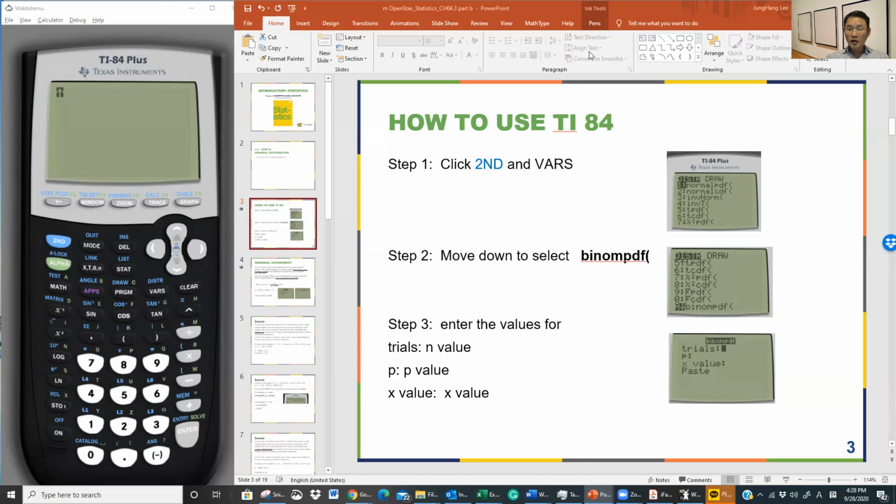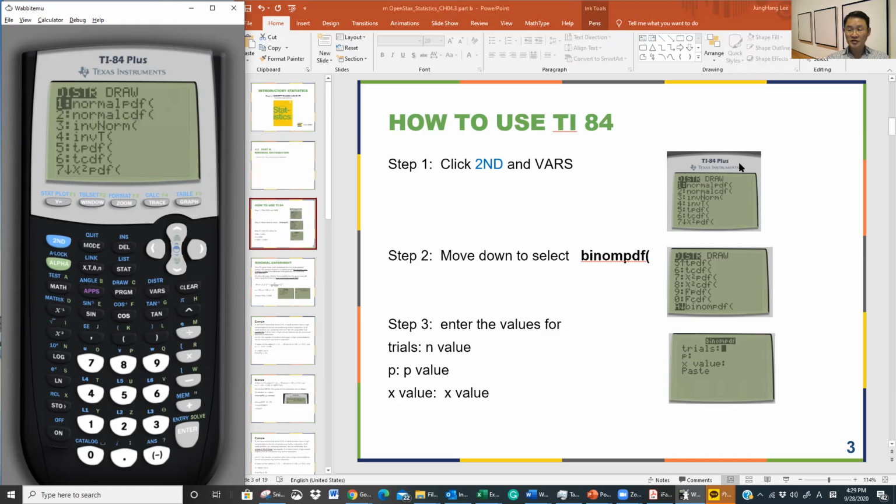So we are going to press the blue button right here, and then let me clear it. Second, and this VARS button, because what we really want is this blue writing right here, distribution. Remember, this is a binomial distribution, so we're going to press that.